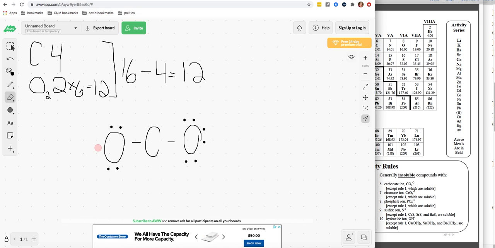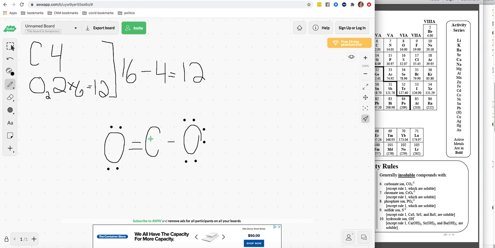So we're going to erase those 2, and then we're going to draw a new, make this from a single bond into a double bond. So we took away 2 lone electrons, and then we added another bond, but that bond also uses 2 electrons, so we did not use any additional electrons when we did that.